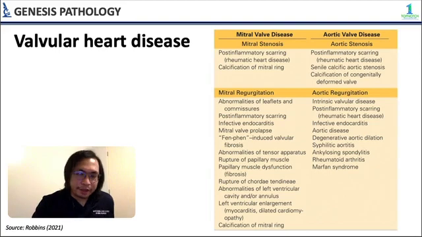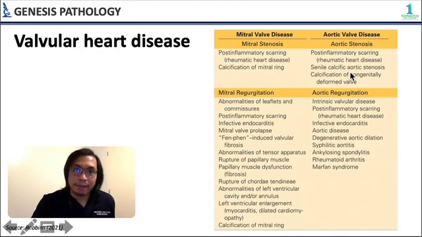So mitral stenosis, no? Mitral stenosis usually can be from post-inflammatory scarring from your rheumatic heart disease. Rheumatic heart disease can also cause your aortic stenosis, no? Dito rin, calcification of the mitral ring, pwedeng senile, pwedeng dahil sa pagtanda. Aortic stenosis, definitely senile, can cause your senile calcific aortic stenosis.